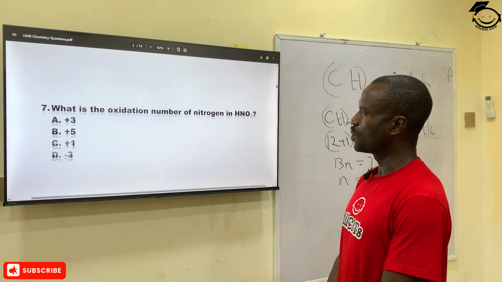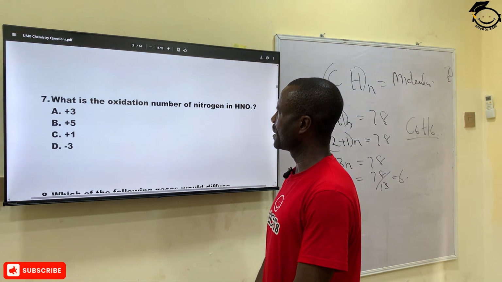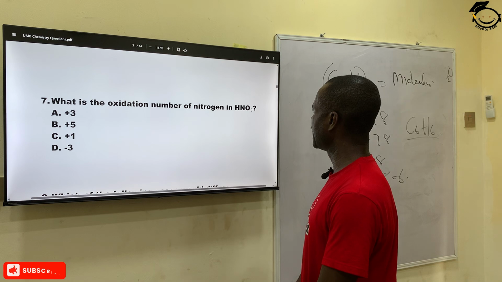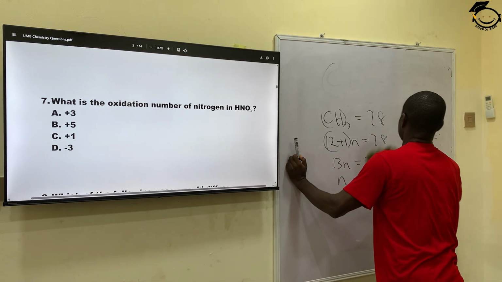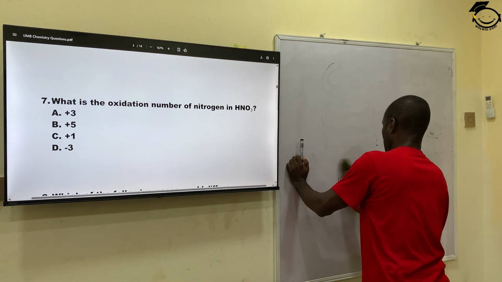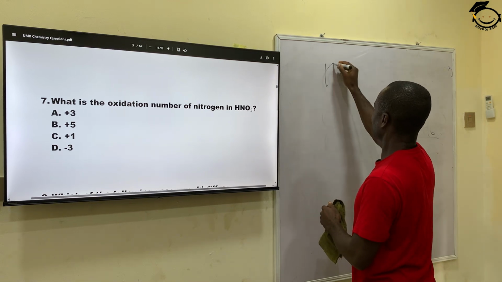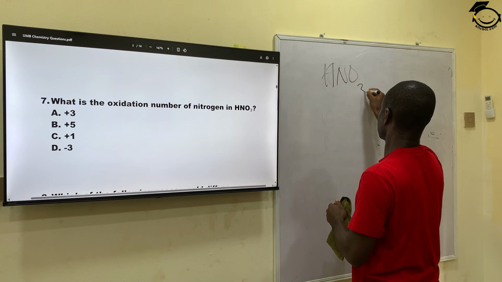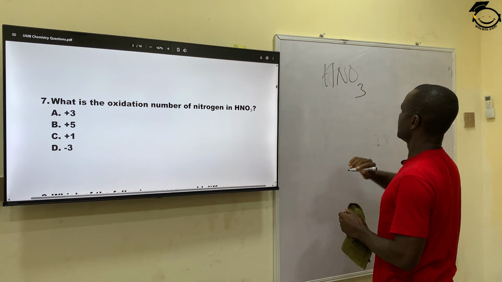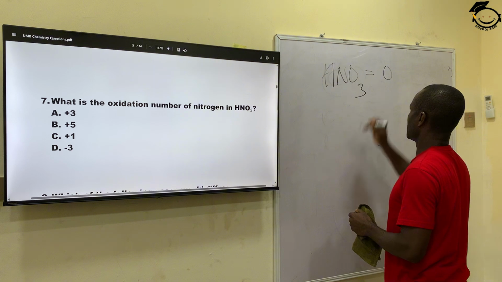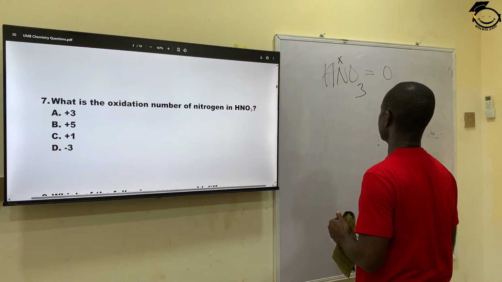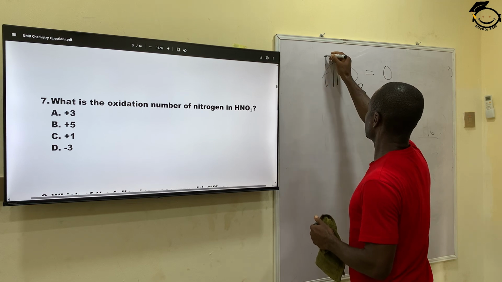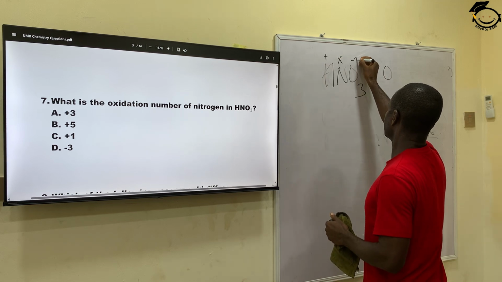Question 7. What is the oxidation number of nitrogen in HNO3? This is very simple, but we can always show our working. HNO3 is referred to as trioxonitrate(V) acid. So you equate the sum of the oxidation numbers to be 0. Because nitrogen is in question here, let's make it X. The oxidation number of hydrogen is +1. The oxidation number of oxygen is -2.